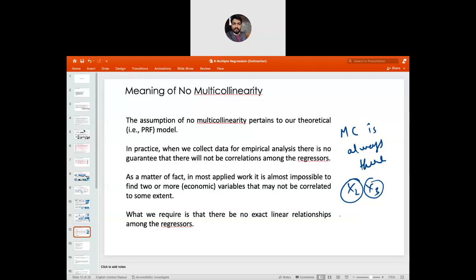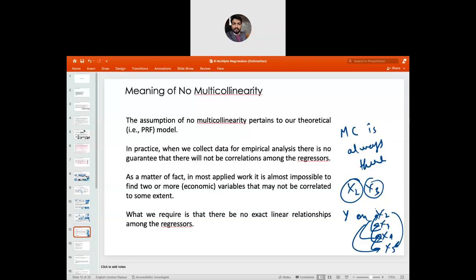So when you are running a multiple regression of Y on a number of X's, then you would find so many interrelationships, and some would be strongly related, some would be perfectly linearly related, some would be weakly linearly related, some would be related up to an intermediate level, right?